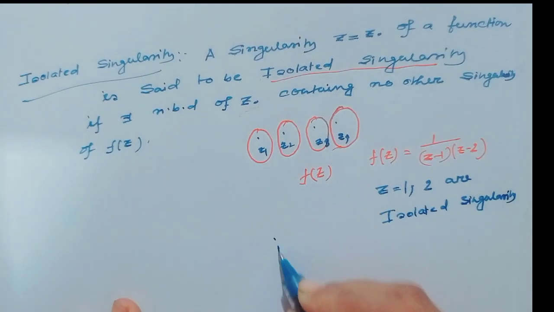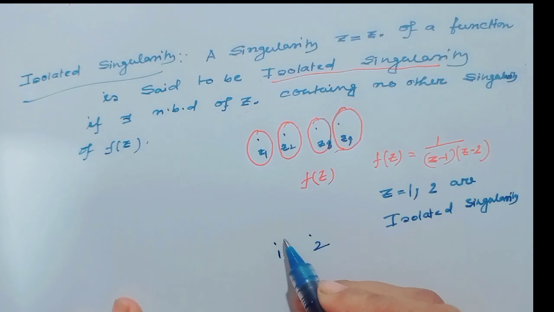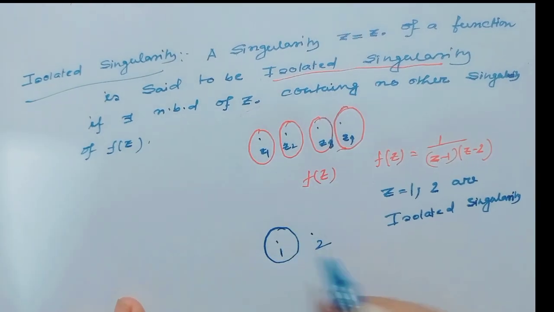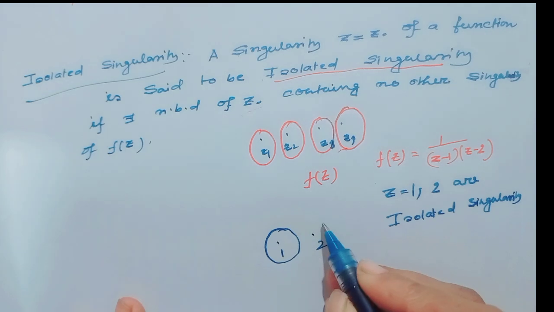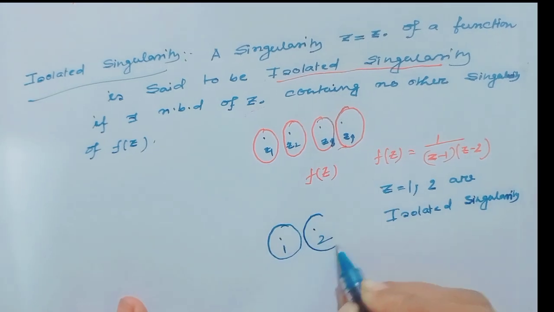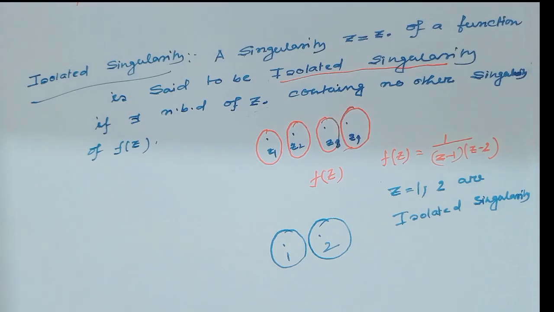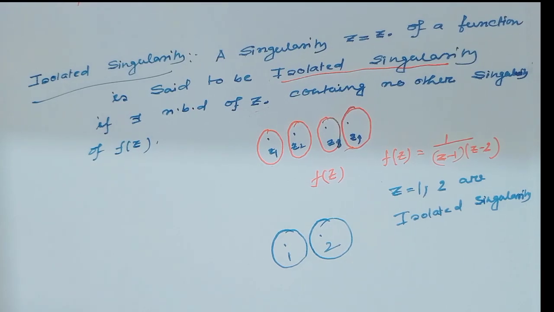Because if this is 1 and this is 2, in the neighborhood of 1 there exists no other singularity. Similarly, in the neighborhood of 2 there exists no other singularity. So 1 and 2 are isolated singularities.